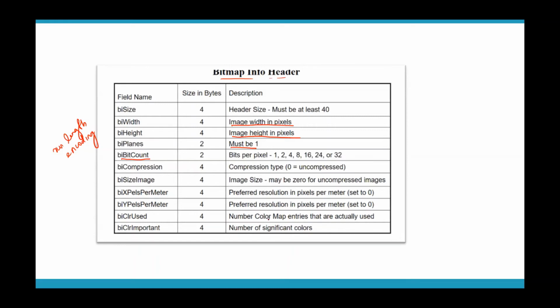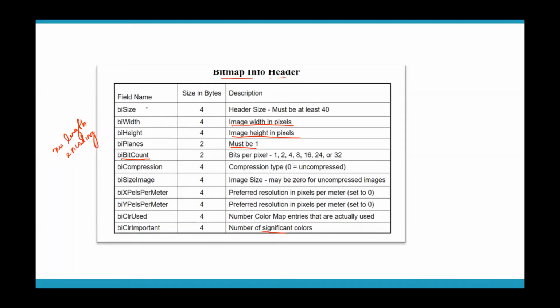Then you have the number of color map entries that is used in that particular image. So the next field stores the number of colors which you have used from the color table. Then you have the entry of the number of significant colors that is used in your image. Okay, the major or significant colors that are used in your image will be there in this last field.